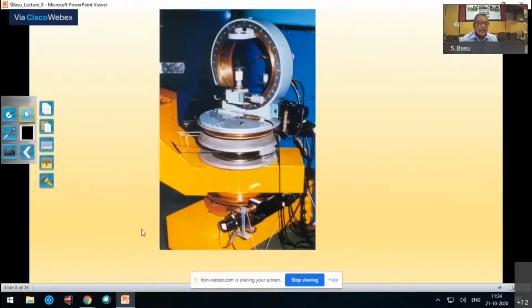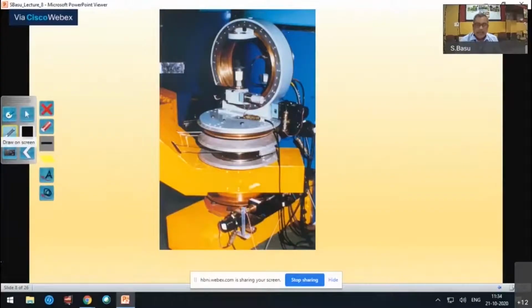Reason being, the biggest difference is here between a powder diffractometer and a single crystal diffractometer. In case of powder diffractometer, you don't have this thing. This is known as a four circle goniometer. This you don't need for powders. You need it in single crystal. Why? Let me explain to you.